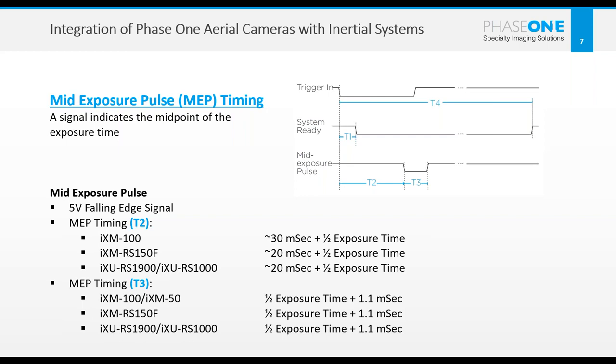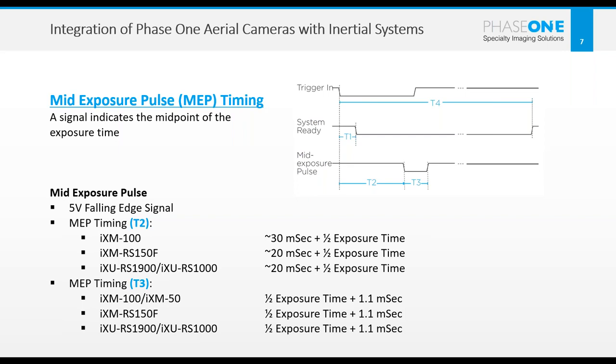So for the IXM 100, the timing of the mid-exposure pulse since the beginning of the trigger will be approximately 30 milliseconds plus half of the exposure time; for the IXM 100, 20 milliseconds plus half of the exposure time for the 150, the 190, and the 1000s.